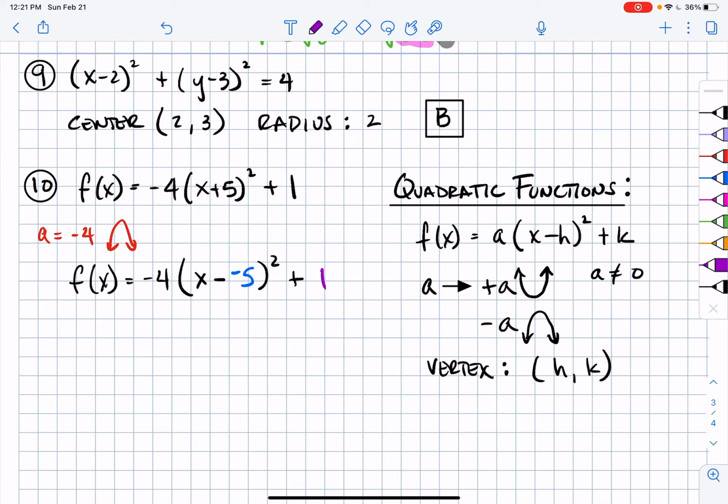Okay? So that means my vertex is going to be negative 5 comma 1. Okay? So there's my vertex.